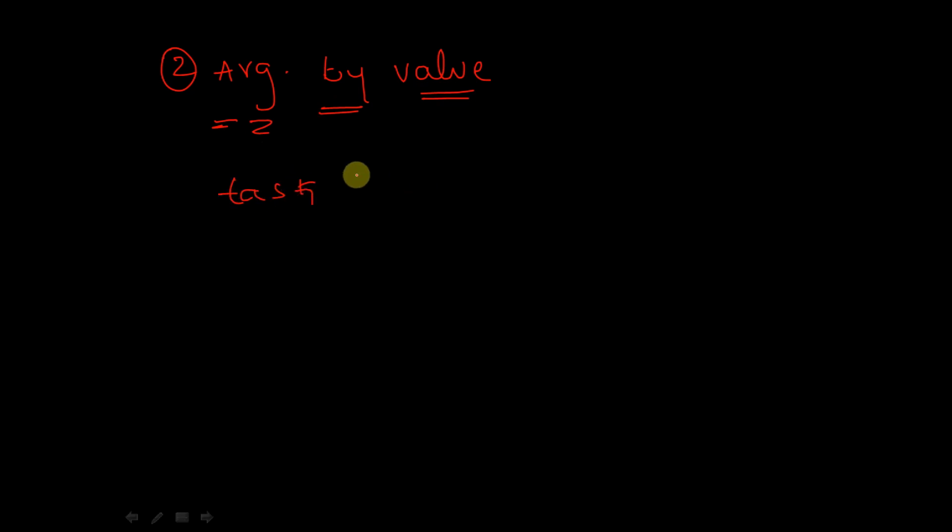Now let's discuss arguments passing by value. Let's say we have a task named example, and we have arguments int i, j, with something written in this task, and end task.